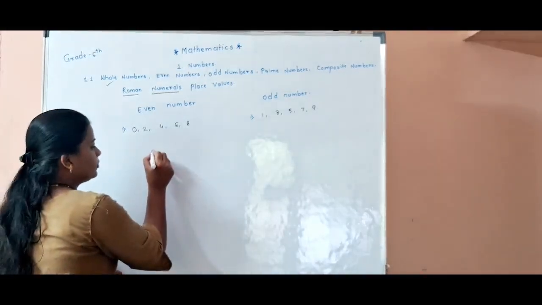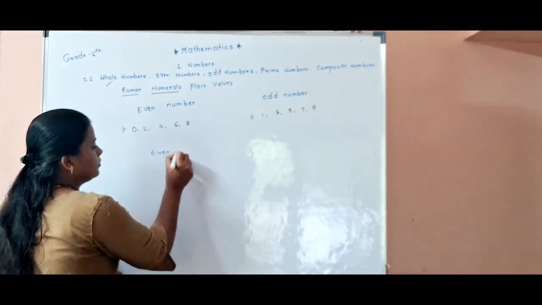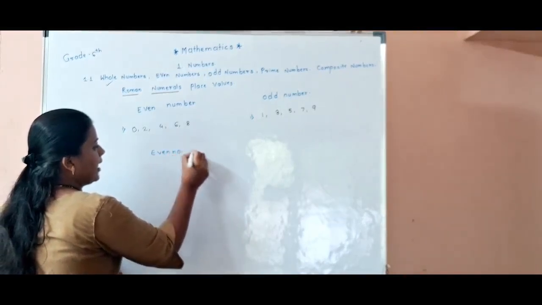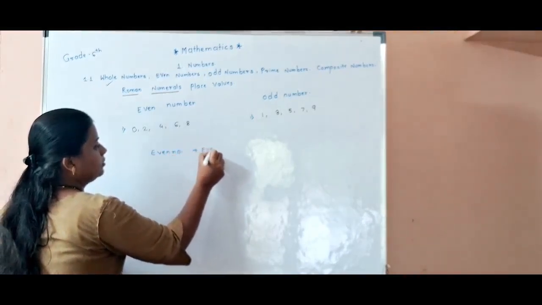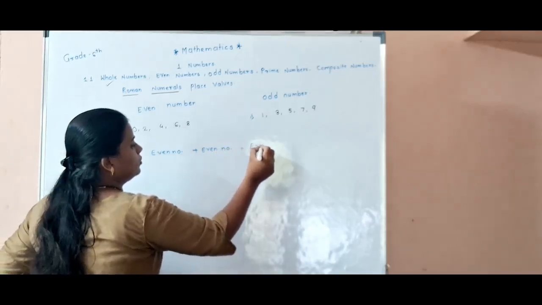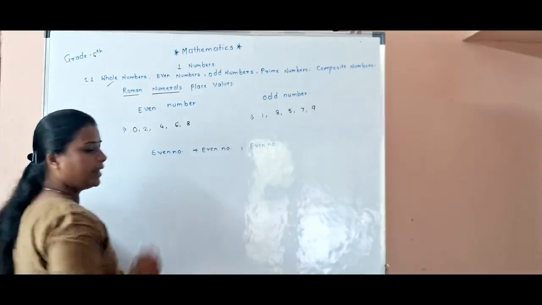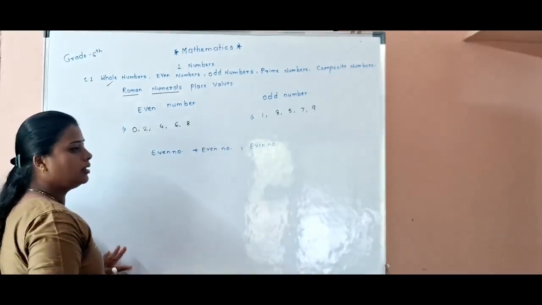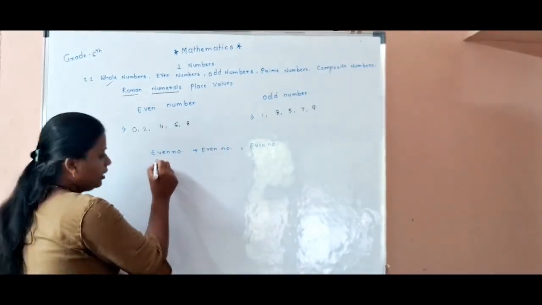So if an even number and an even number are added, you will get an even number only.